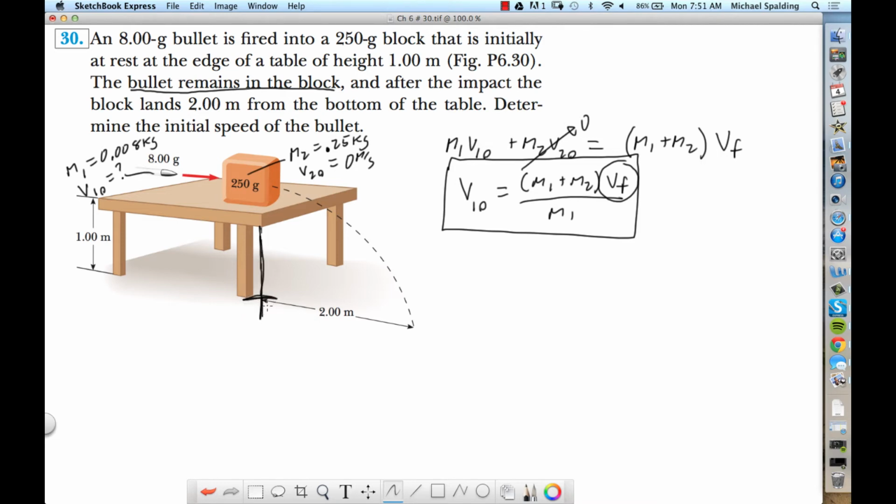And then we also have the horizontal displacement when the bullet block combo leaves the table. Does that make sense? So can we figure out what velocity the bullet block combo has as it leaves the table? We sure can. What are we going to use? What does this look like right here?